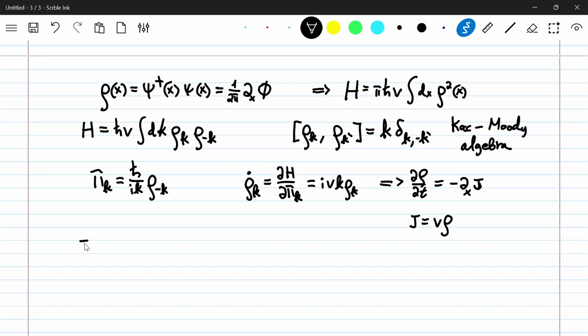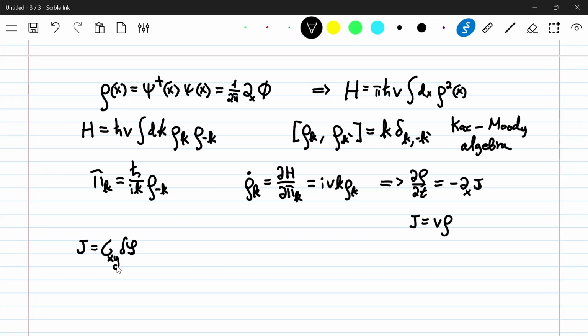We know that this J is also related to this potential difference on the edges via a quantized sigma xy. So think of delta phi as some kind of a confining potential.